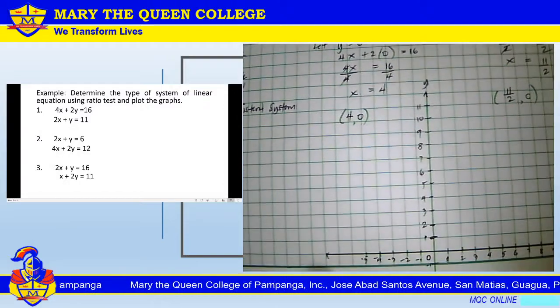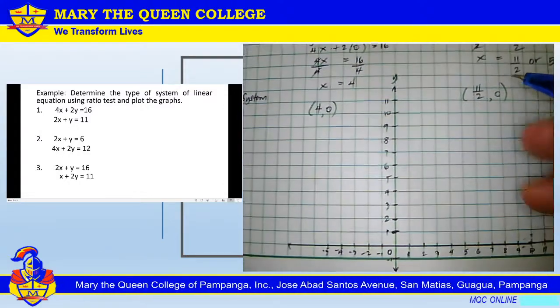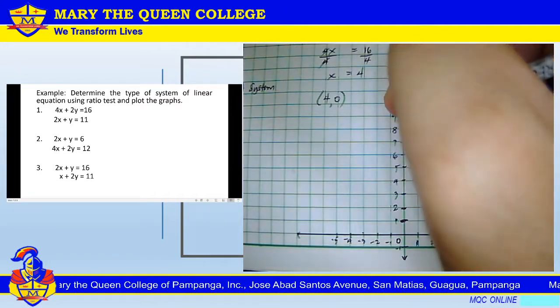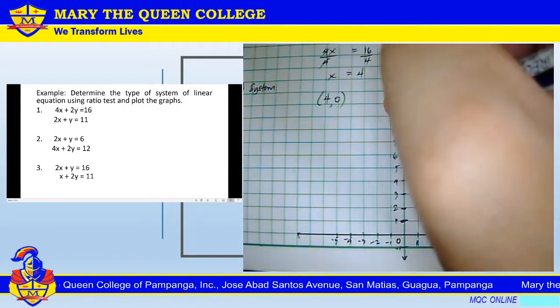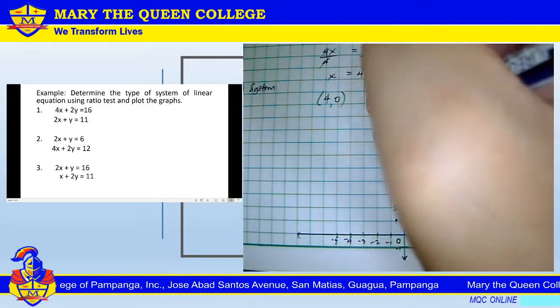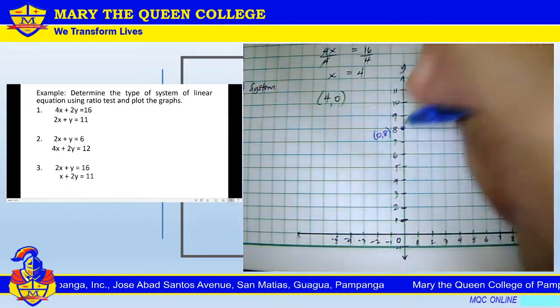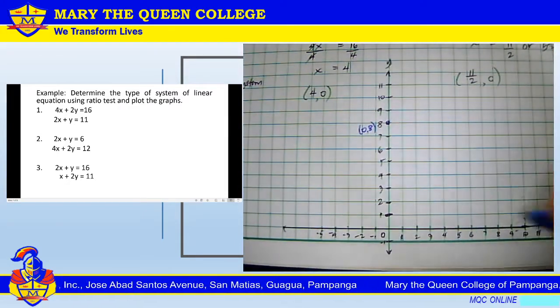So with our Cartesian plane, we have 0, 8. It is located here. So this is 0, positive 8. Okay? And then 4, 0 is located here.